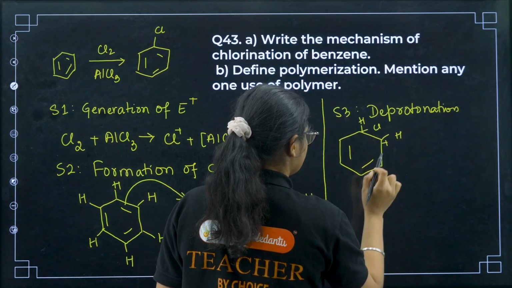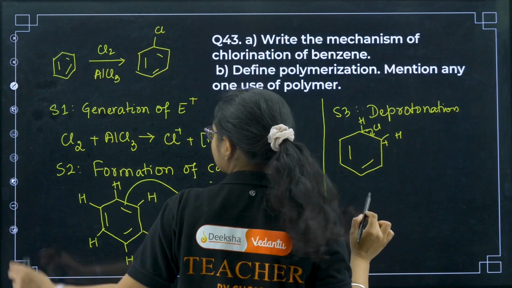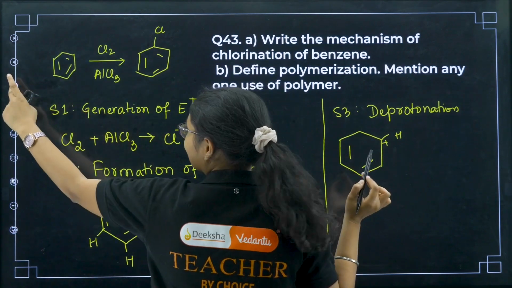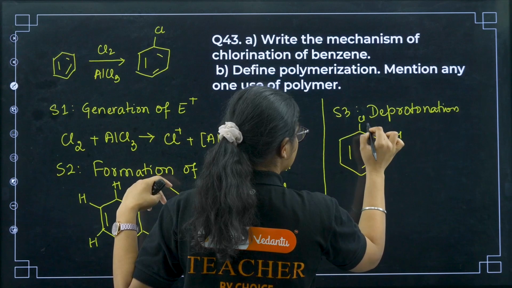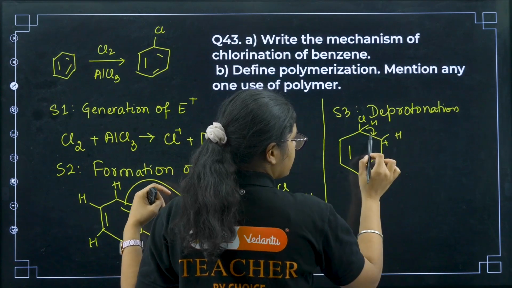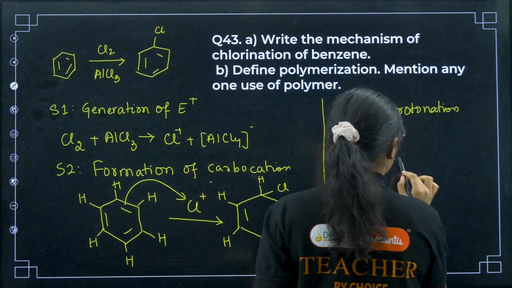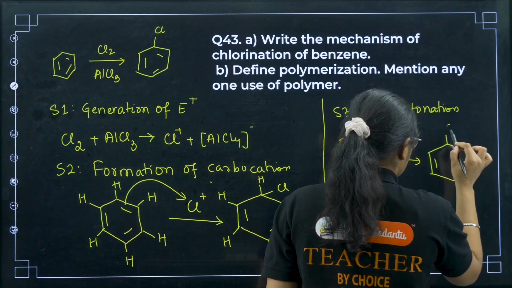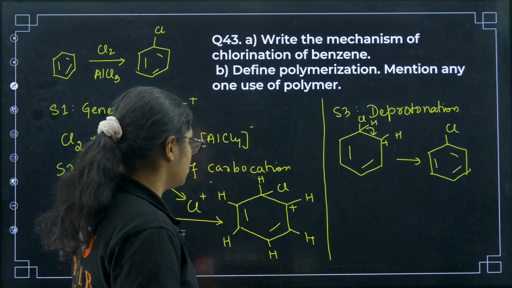I'll keep Cl here and H here so that I can explain you correctly. This H will come out, this bond will come here and H+ will go out. So what will be forming here? Chlorobenzene.